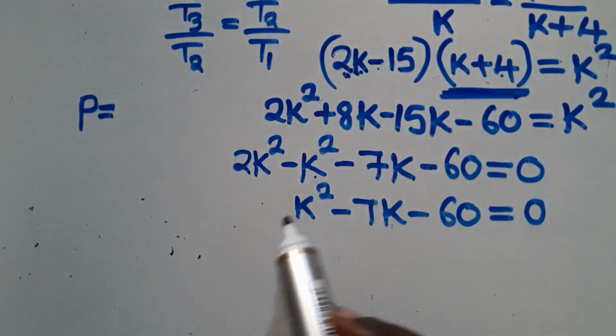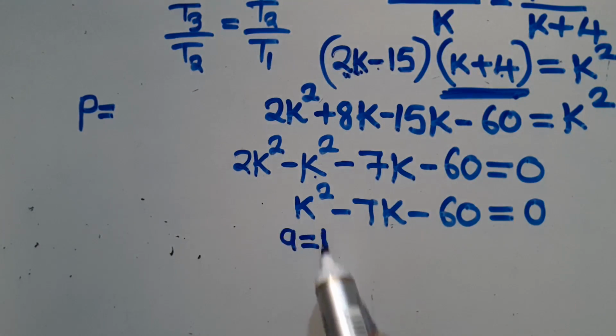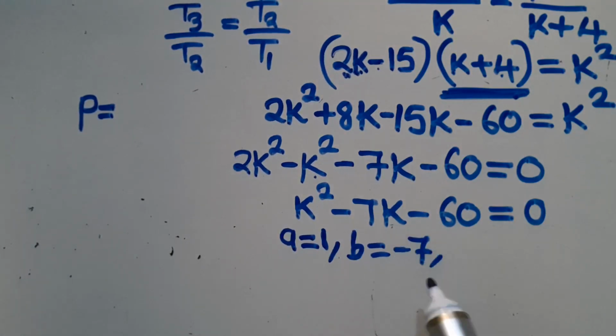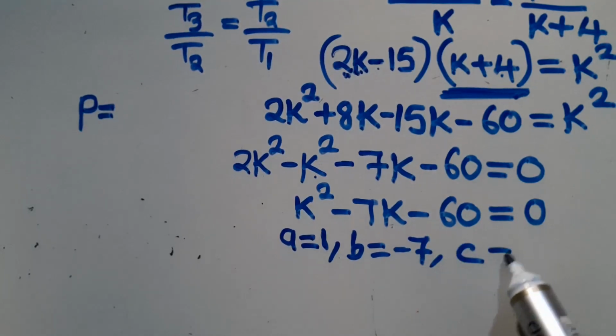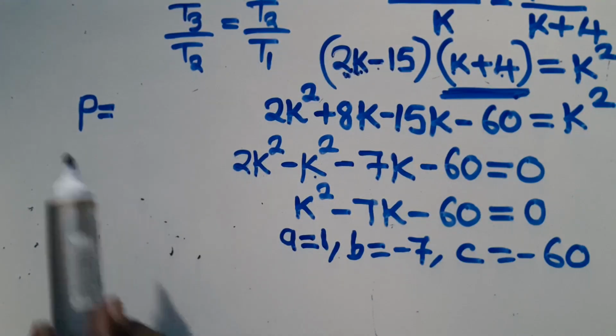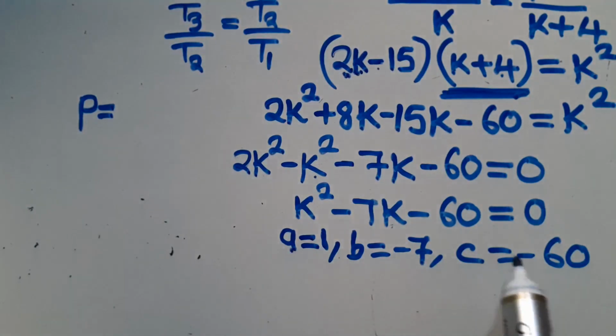So product, you multiply, you know that this is your A. Your A is 1. What is your B? Your B is negative 7. What is your C? Your C is negative 60.